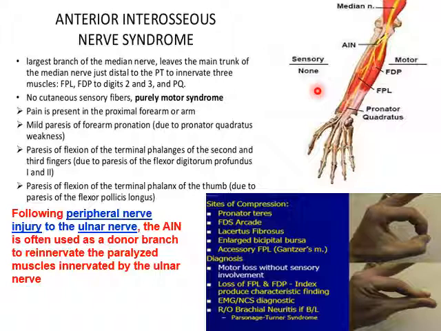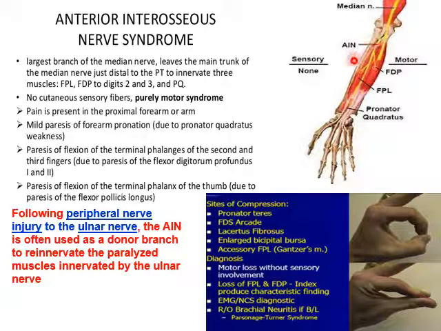So the actions of these muscles are hampered. As there are no cutaneous branches given out by the anterior interosseous nerve, there is no sensory loss. So it is purely a motor syndrome.